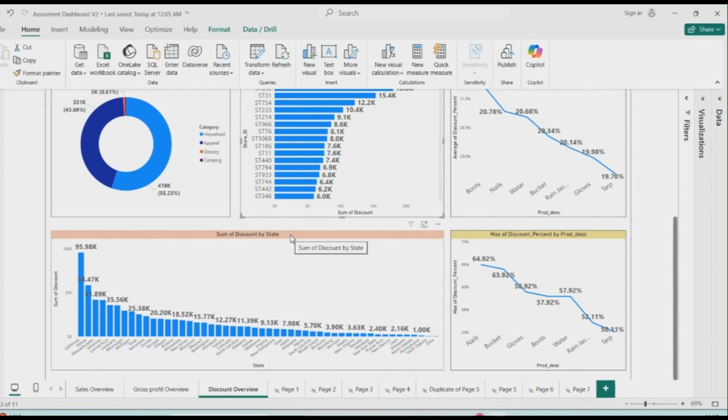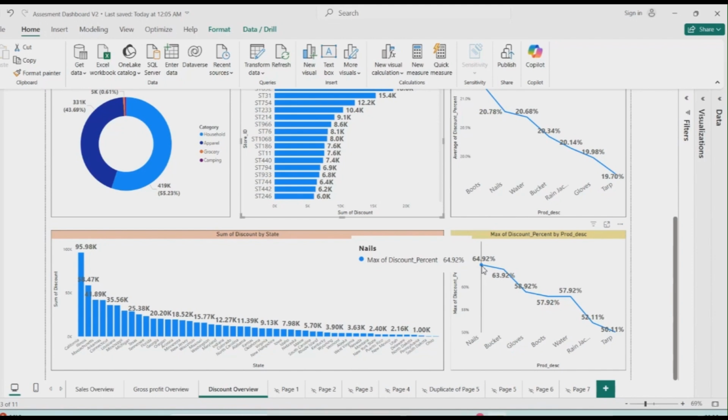And then we can see the average discount, and we can also see the maximum discount percent through the graph. The maximum discount is the maximum percent discount offered for any of the products during this period. For nails, there might be a scenario where a maximum of 65% discount was offered.